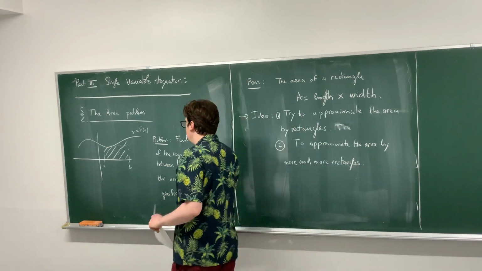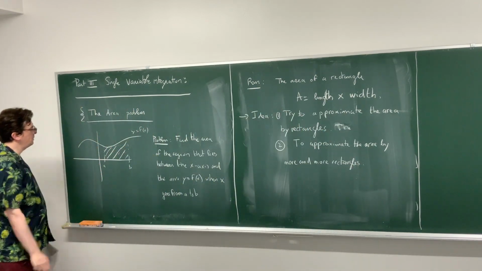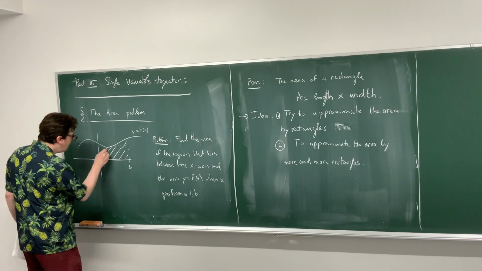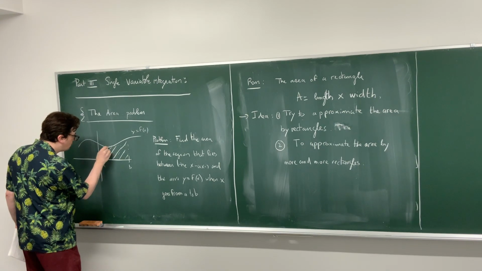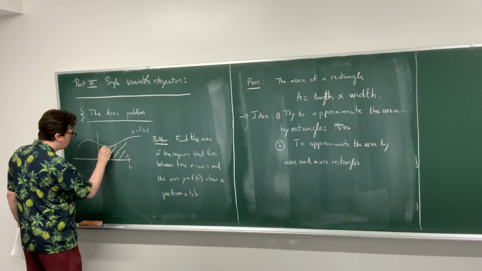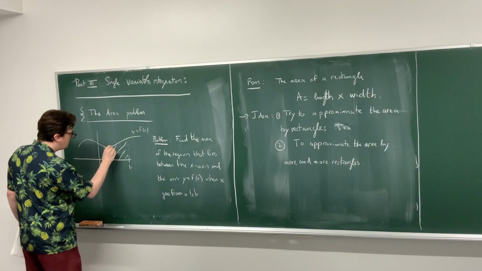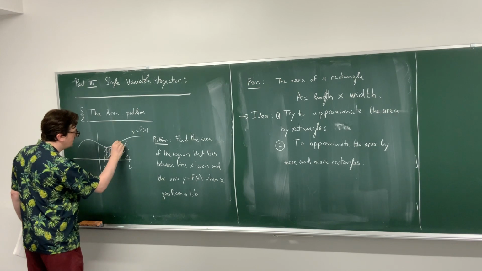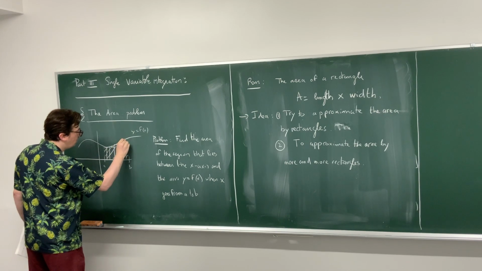So this would give an approximation, but we can do a little better. So if we take very small ones, for example here we will take one rectangle, and then here a second one, and then here another one, and then another one, etc., etc., okay? And we take more and more of these.